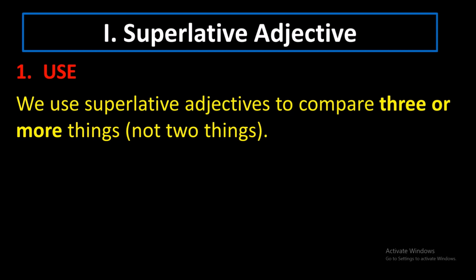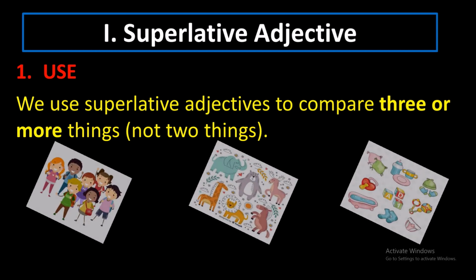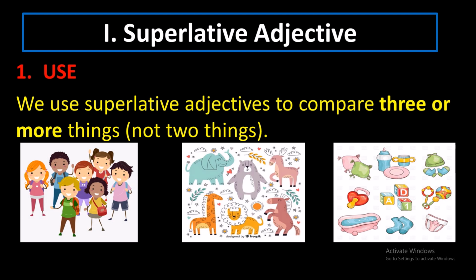Okay, we use superlative adjectives to compare three or more things, not two things. For comparative adjectives, we use them to compare two things, but superlative adjectives we use to compare more than two: three, four, five, or even more. Let's take a look at the picture here.